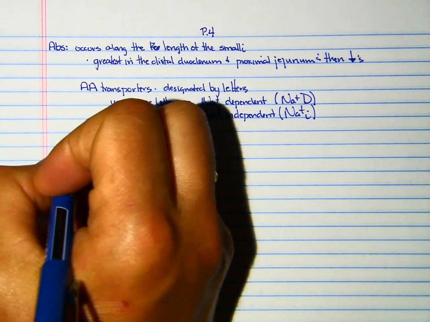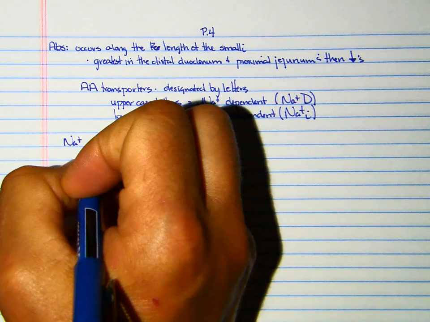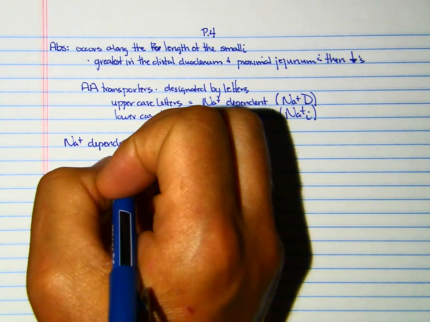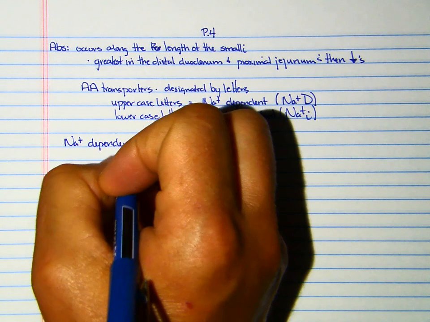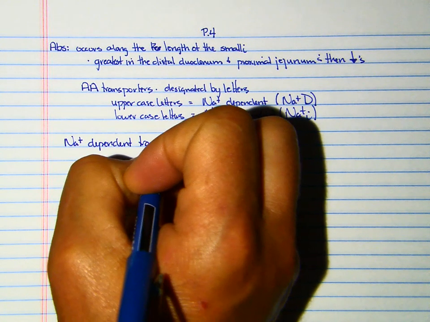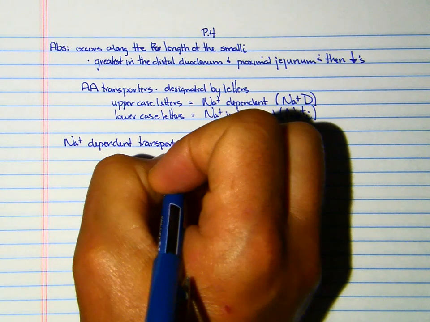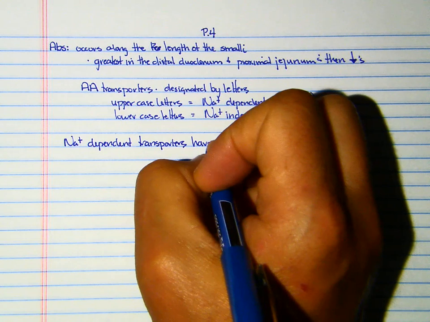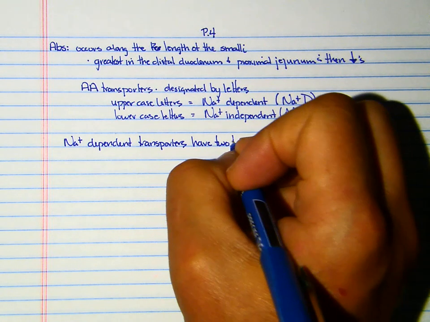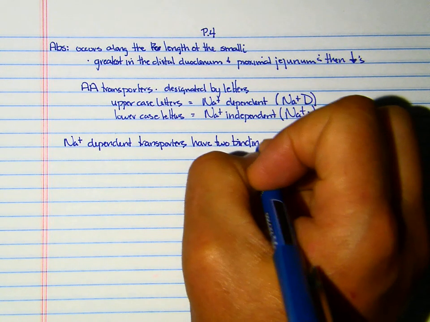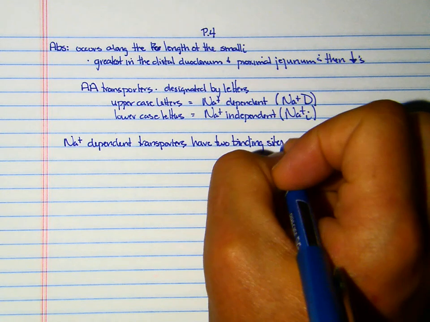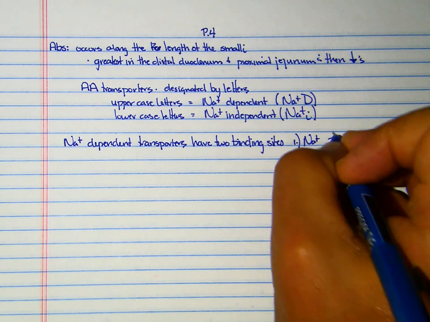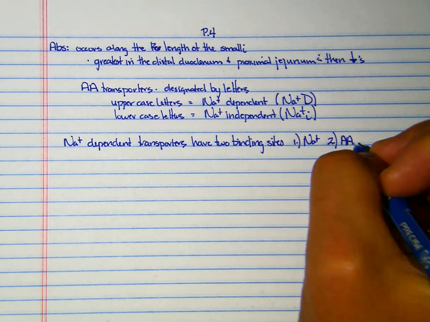So sodium dependent transporters have two binding sites, one for sodium and one for the amino acid.